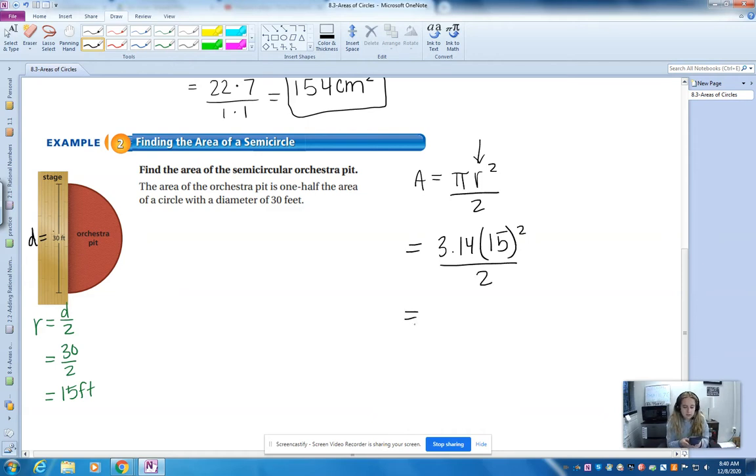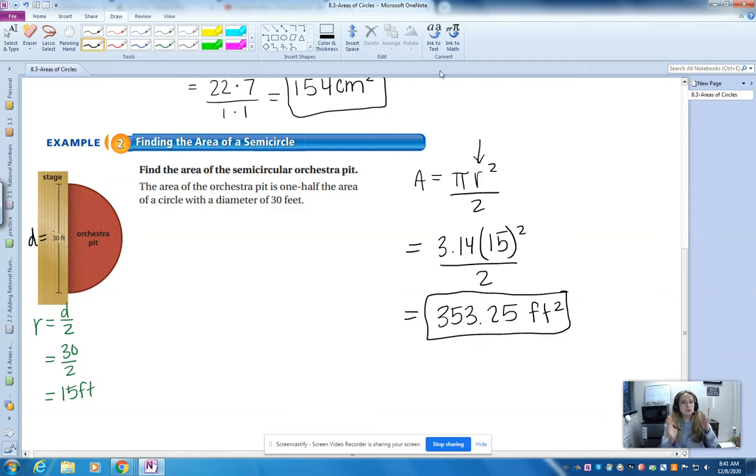Then in my calculator, I'm going to go 3.14 parenthesis 15 end parenthesis squared. Okay, I get that. And then I'm going to divide it by 2. And that gives me 353.25 feet squared. Because remember, for area, we square units.